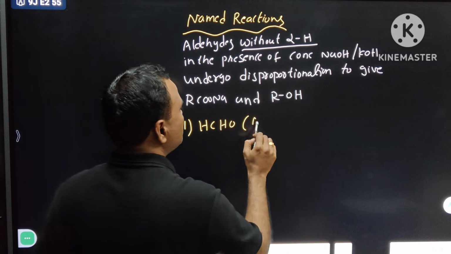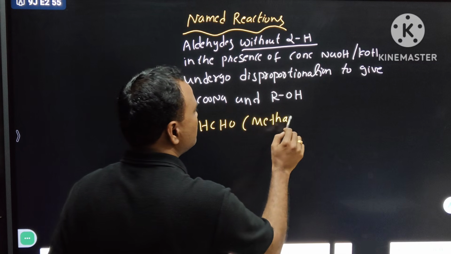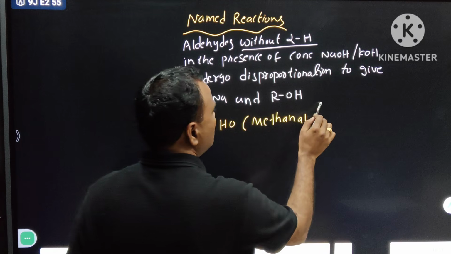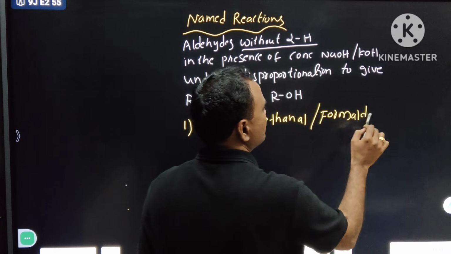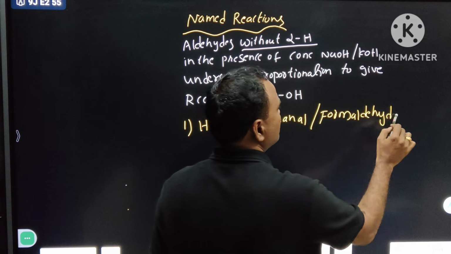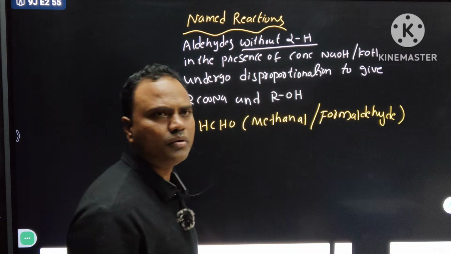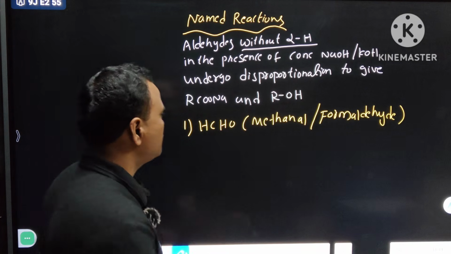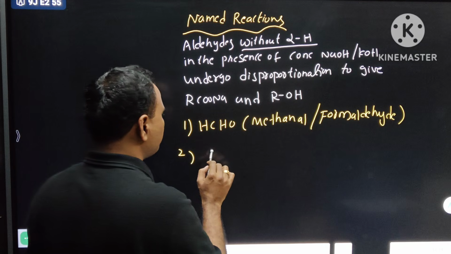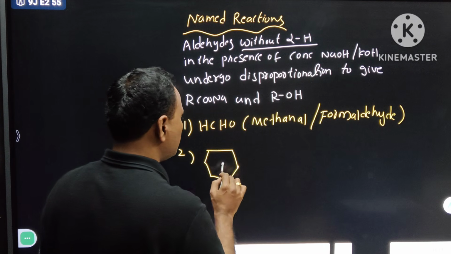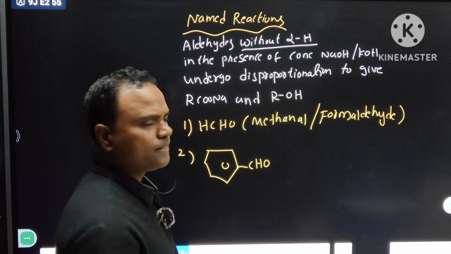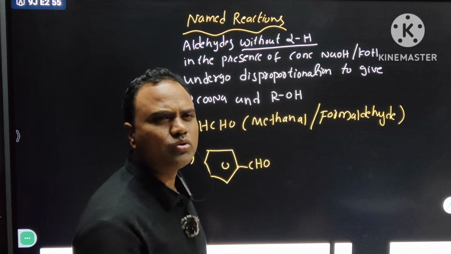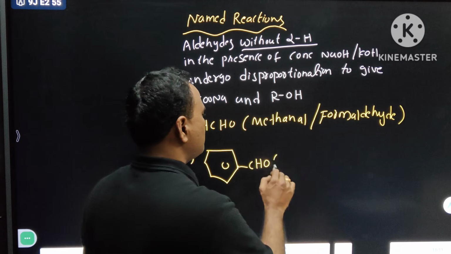Formaldehyde is also called methanal. Benzaldehyde. All these do not have alpha hydrogens, right? You know alpha hydrogen. How to check alpha hydrogen?